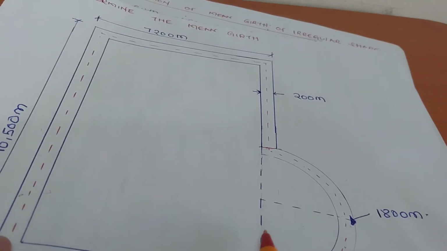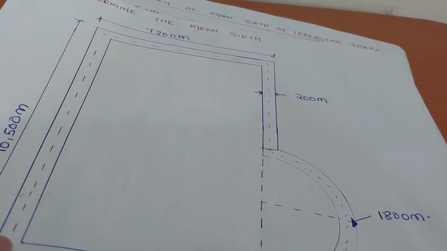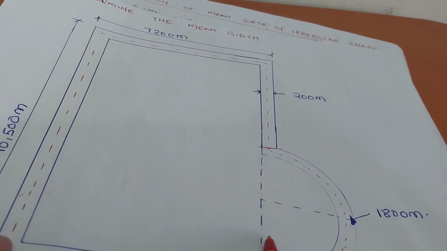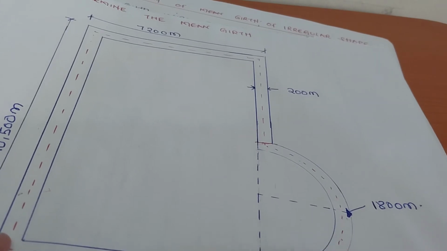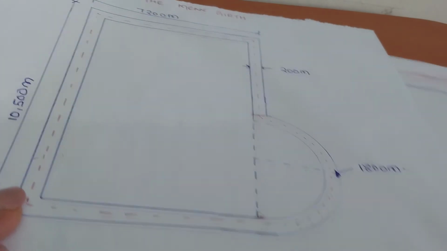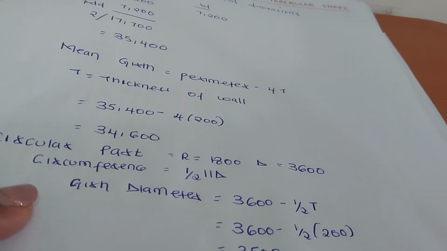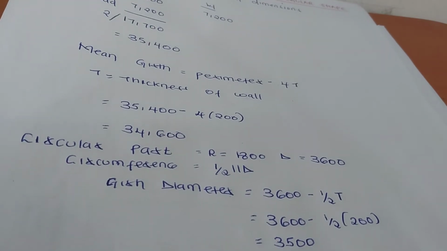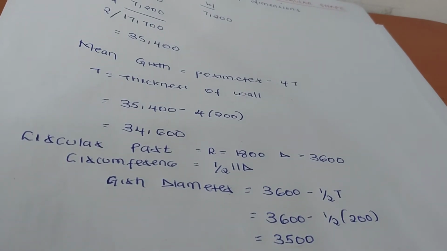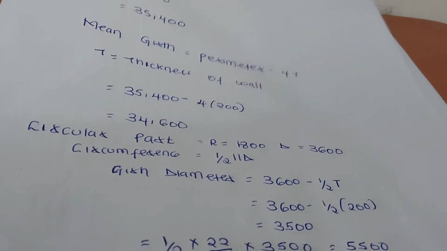So if we have 3600 as our diameter, then from the center line of the circular part, when we are talking of 3600 minus half of 200, we are able to get to this line here. That will give us 3500. Now from this diameter, we are able to find the circumference, that is half times 22/7 times 3500, which gives us 5,500.